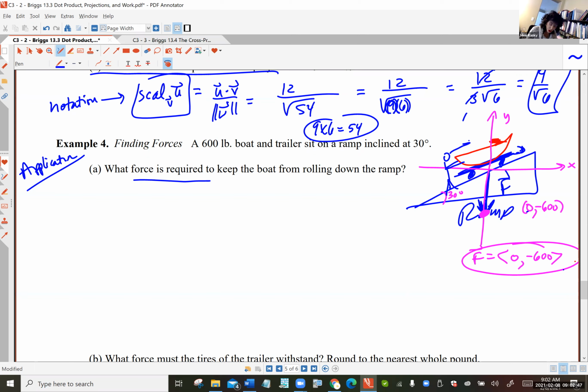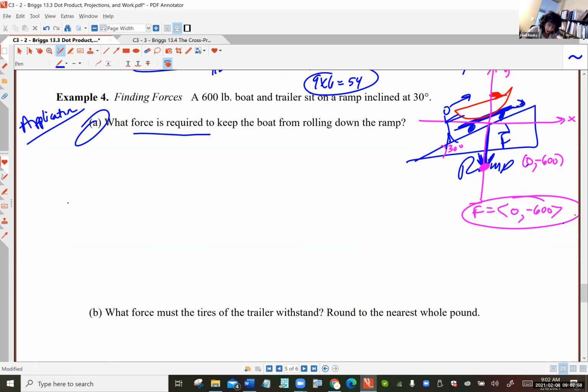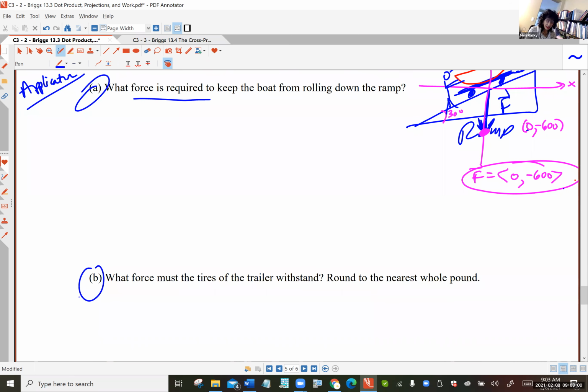What force would you be pushing with to avoid getting run over? That's question 1. Question 2 is, if the tires had feelings, what force must the tires withstand?